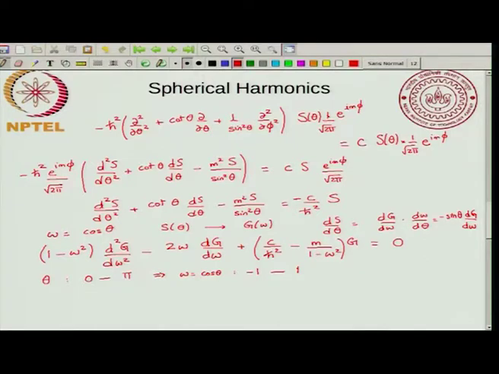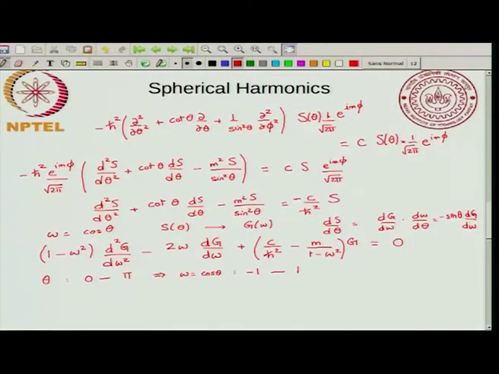Now what we will do is we don't want this additional m term there. So we'll do a small change in this, because we have a 1 over 1 minus w square in the denominator, which we would not like to have. It looks a lot like the Legendre differential equation, but there is a 1 minus w square here.